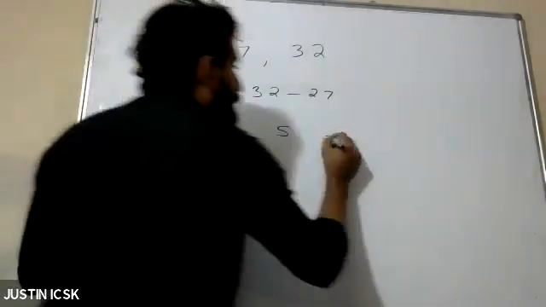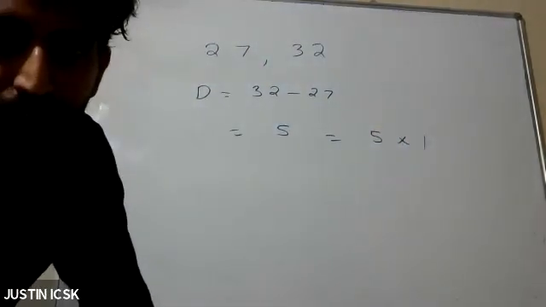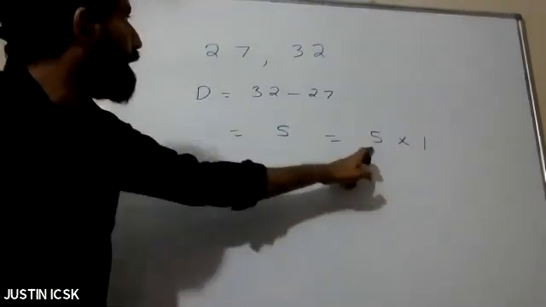The factors of 5 are 5 and 1, there is no other factor. We cannot divide by 5.